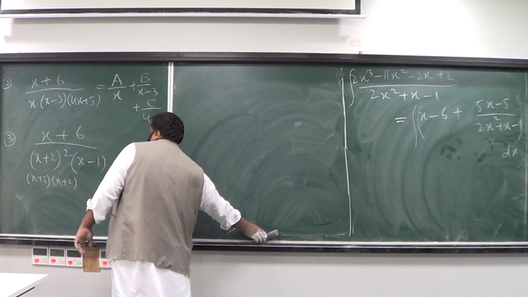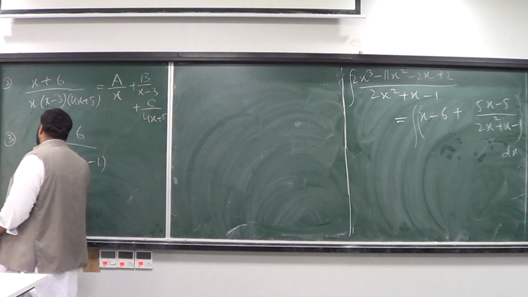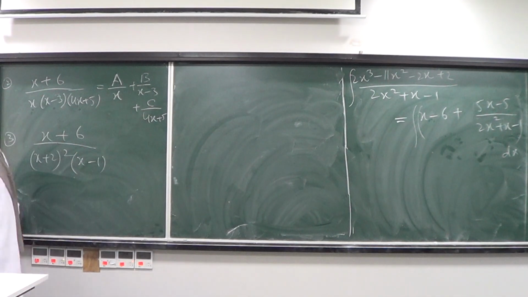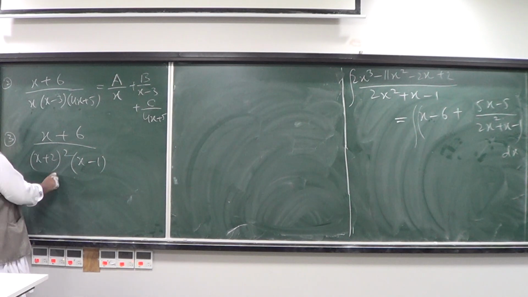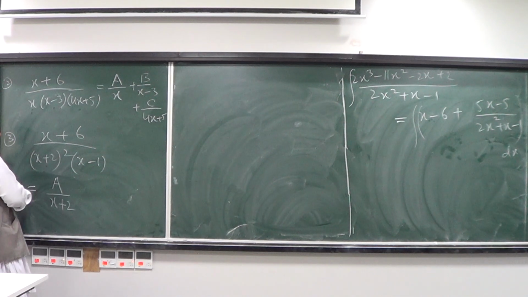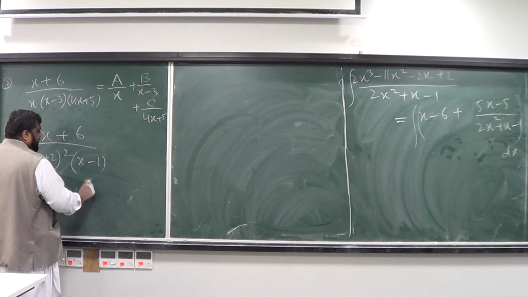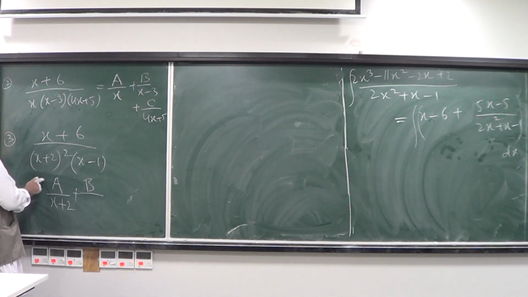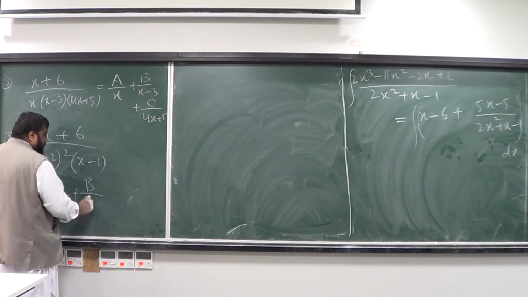So if you have such a situation, then what you can do is this: a divided by the linear factor x plus 2, the first, plus b divided by not the linear factor but x plus 2 square.